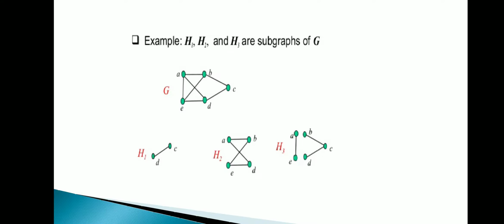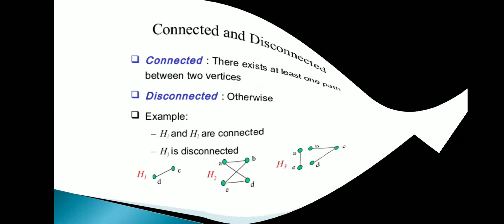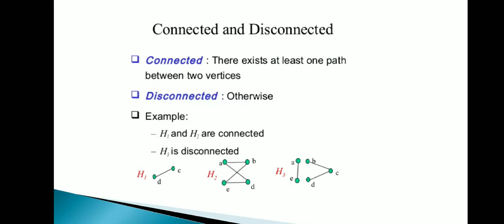G is a graph and H1, H2, H3 are subgraphs of G from this figure. That is, the vertices and edges are subsets of G. Next, connected. If there exists at least one path between two vertices, the graph is called connected. Here, a path has distinct points, otherwise disconnected.